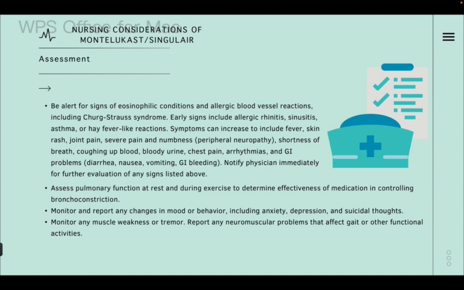Then assess pulmonary function at rest and during exercise to determine the effectiveness of the medication in controlling bronchoconstriction. Monitor and report any changes in mood or behavior, including anxiety, depression, and suicidal thoughts. Monitor for any muscle weakness or tremor, and report any neuromuscular problems that affect gait or other functional activities.